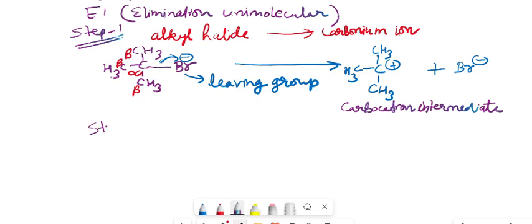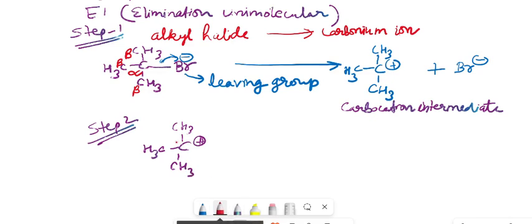In step 2, this carbonium ion which was formed in the first step, this is the alpha carbon, this is the beta.